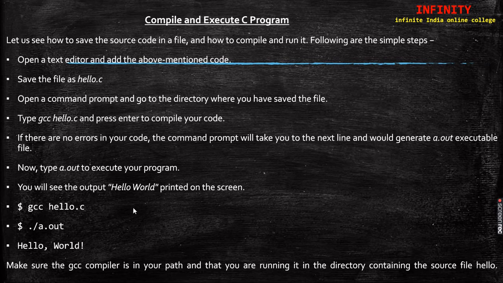Here is gcc hello.c, and then after you can type there dot slash a dot out, and here is showing the output hello world. Make sure the gcc compiler is in your path and that you are running it in the directory containing the source file hello.c.